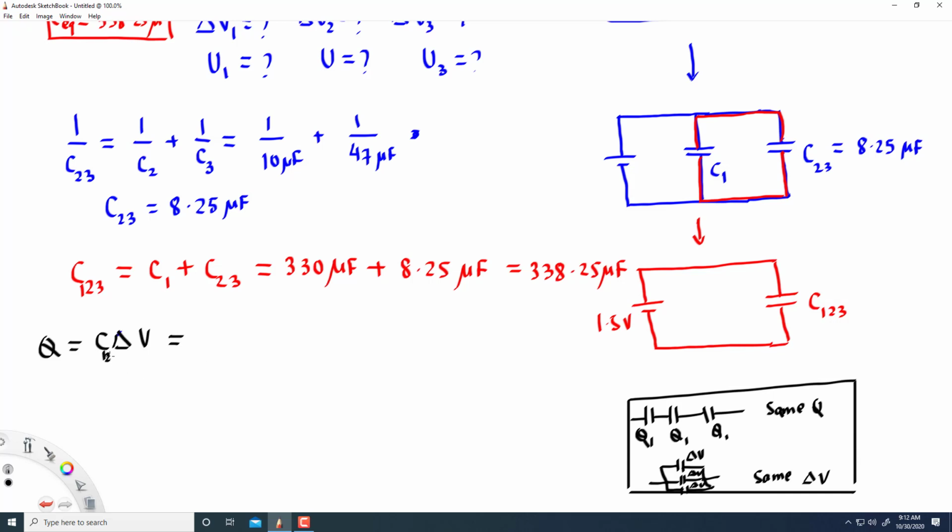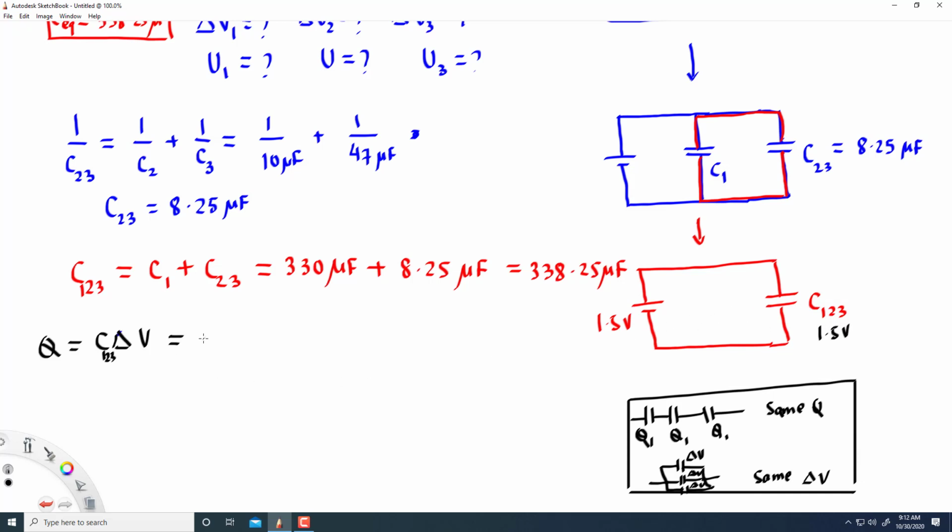So we will be finding the charge on C123, so we'll use C123 here. And when you have only a single component here and nothing in between, whatever potential difference you are using in the battery, the same potential difference will also appear on this side. So if you have 1.5 here, this will also have 1.5 volt because they are parallel.